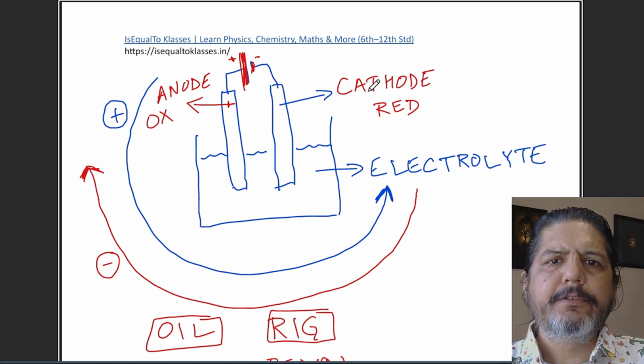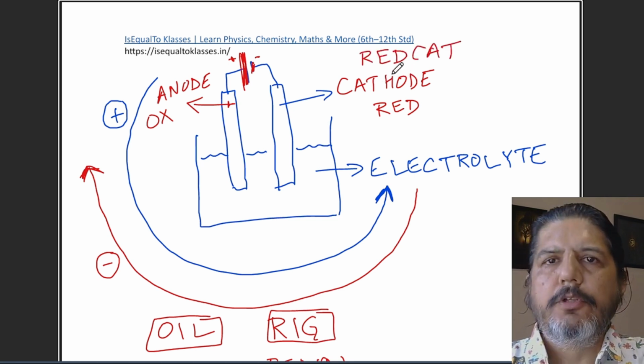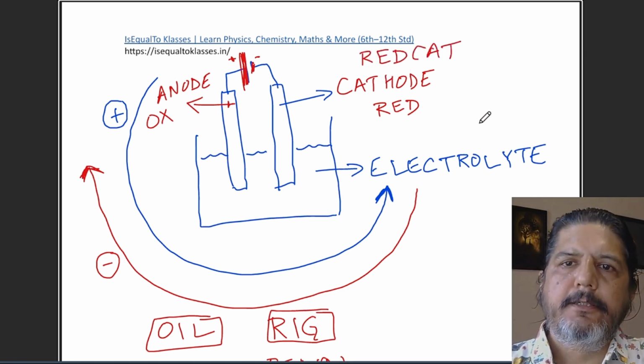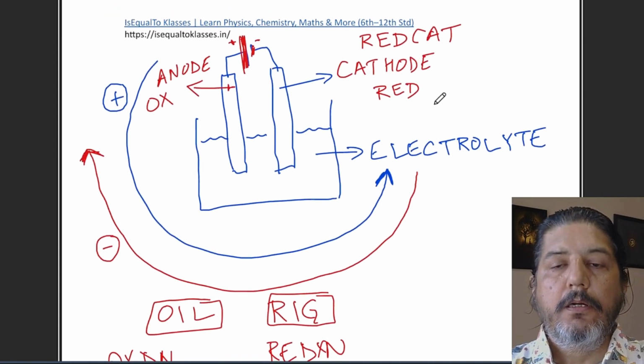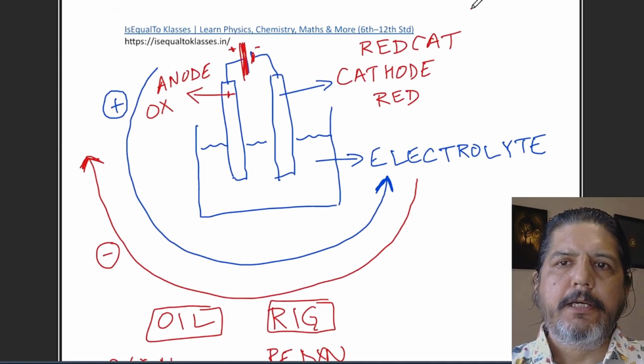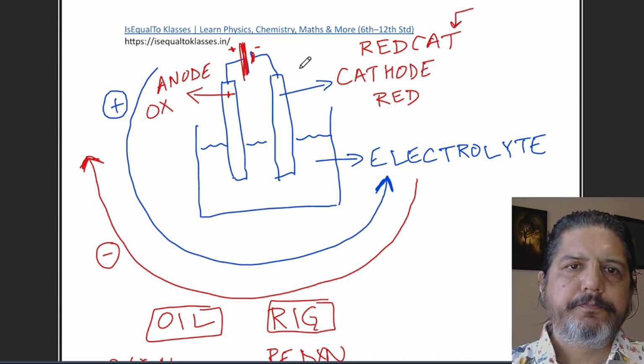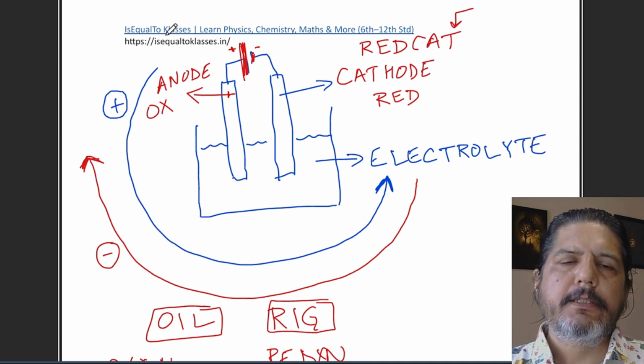Another thing which I suggest is the mnemonic that you can use: red cat. Red cat implies that the reduction will always take place at the cathode. Another phrase that you can remember is an ox.